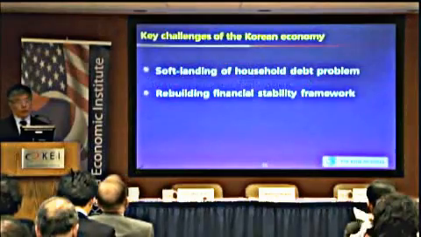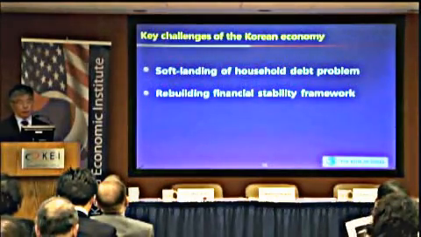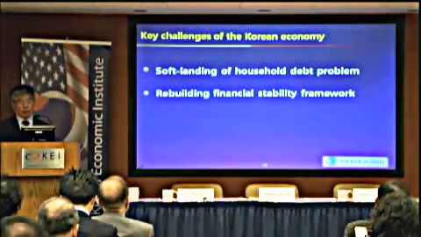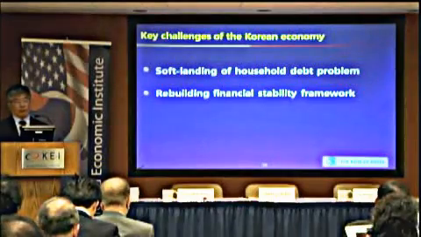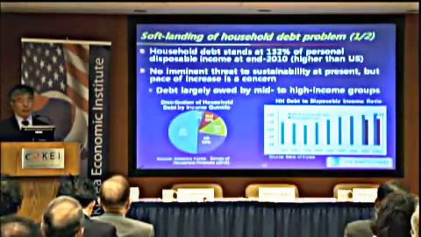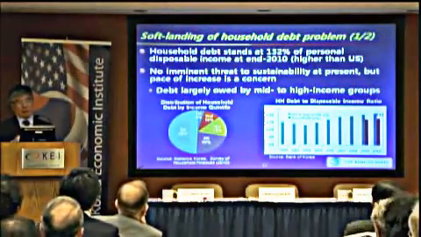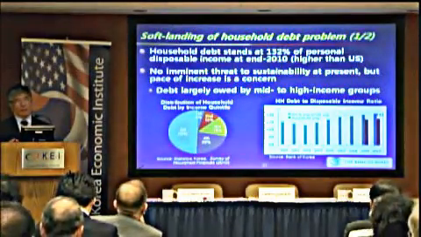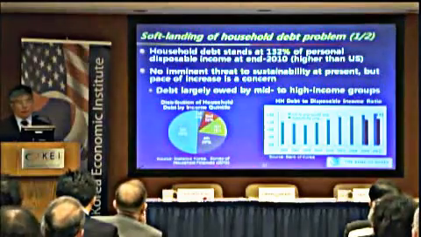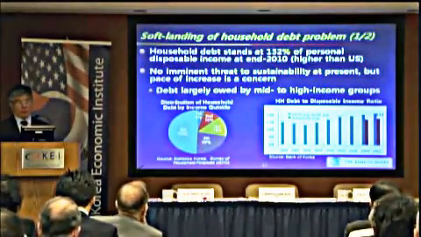Then what are the future challenges? There are basically two. One is the soft landing of the household debt problem. The other is the financial stability issue, not problem. This is currently one of the more important policy issues that we are facing.